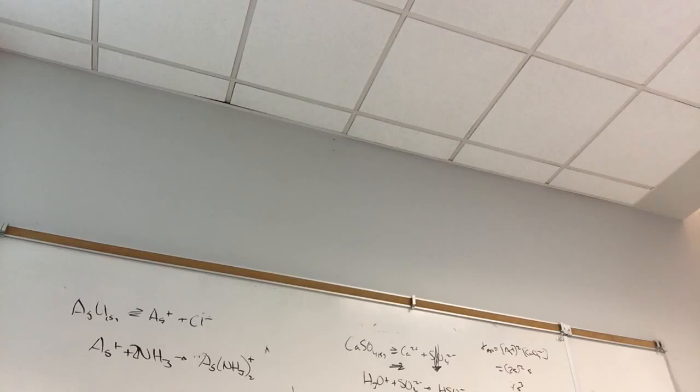We could look at the KF. The KF for hexacyanoferrate 2 is 10 to the positive 37, which means that it's huge. Cyanide is going to pretty much eliminate any iron or react with any iron present in solution.